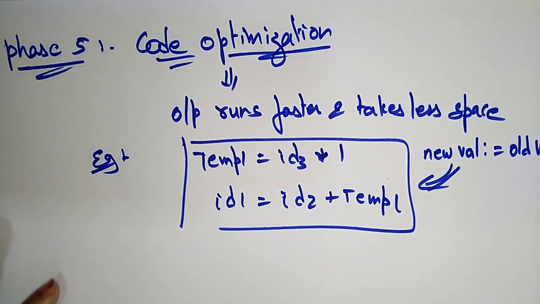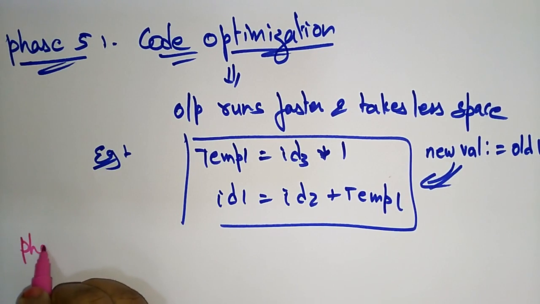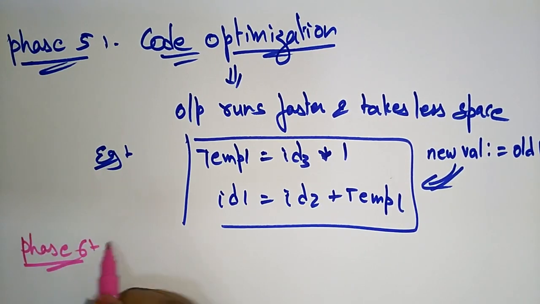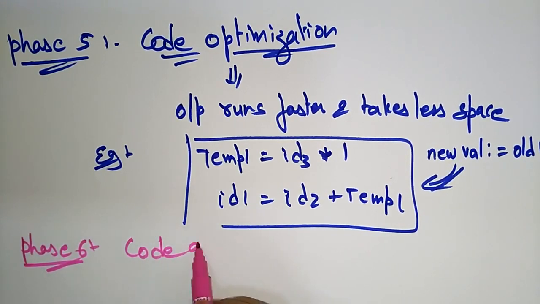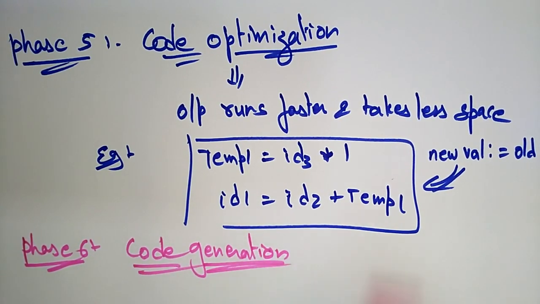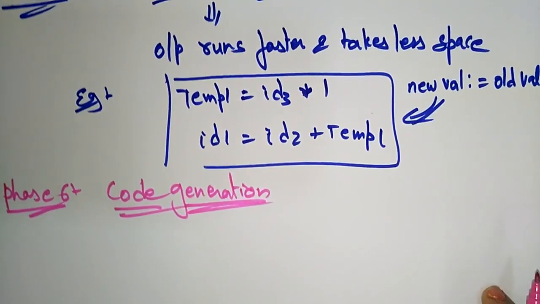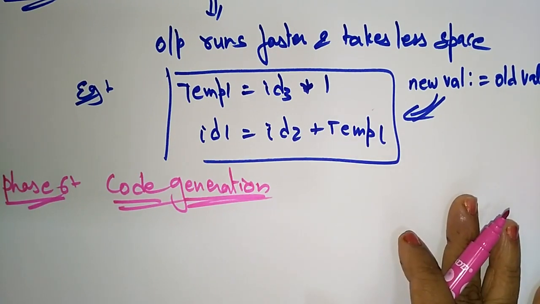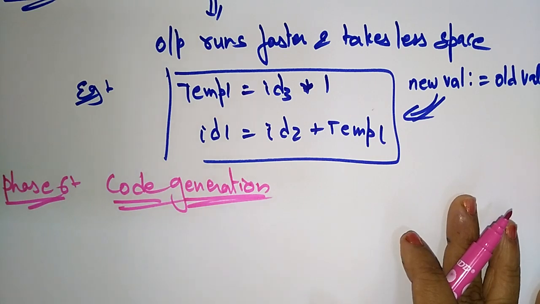Coming to the next phase, that is the last phase, phase 6, code generation. What does code generation do? It is the last phase. The code generator translates the intermediate code into a sequence of relocatable machine code.